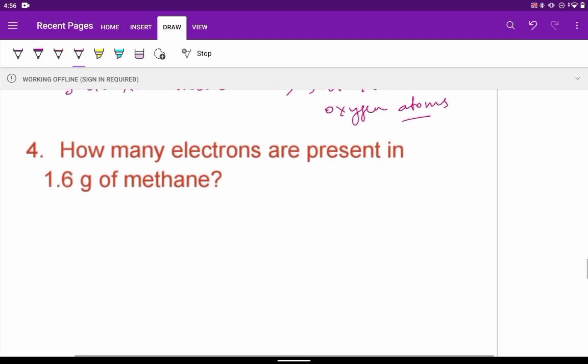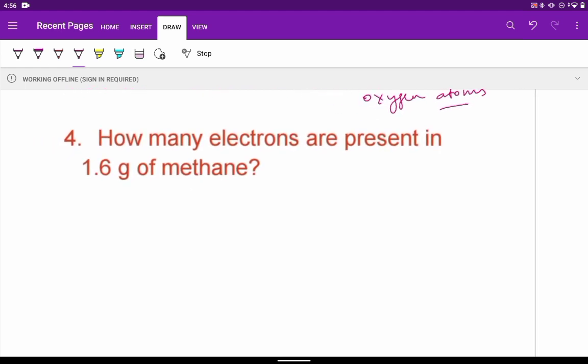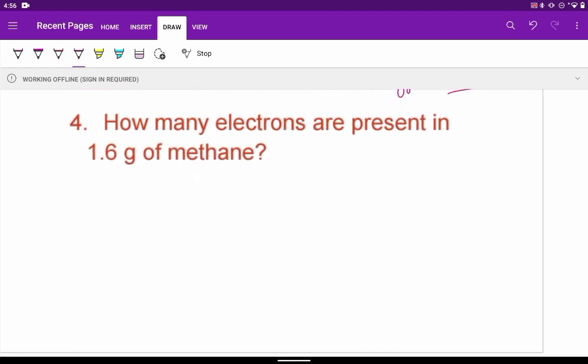Next is, how many electrons are present in 1.6 gram of methane? It's a very good and important question. Similar questions can come. Formula for methane is CH4. So first we have to calculate the gram molecular mass of methane.